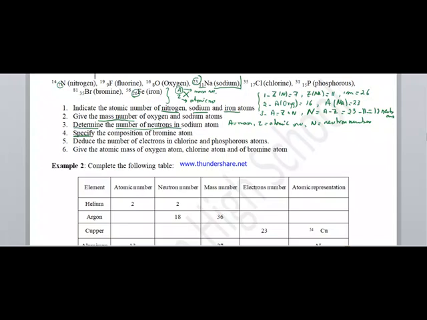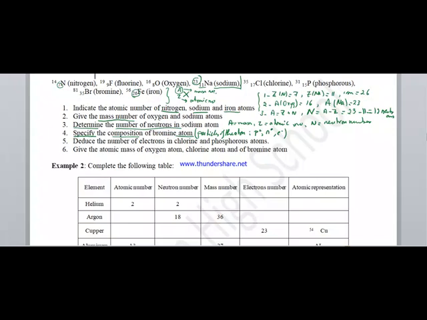When we are asked to specify the composition of an atom, we must identify the particles of the atom, which are three parts: proton, neutron, and electron.